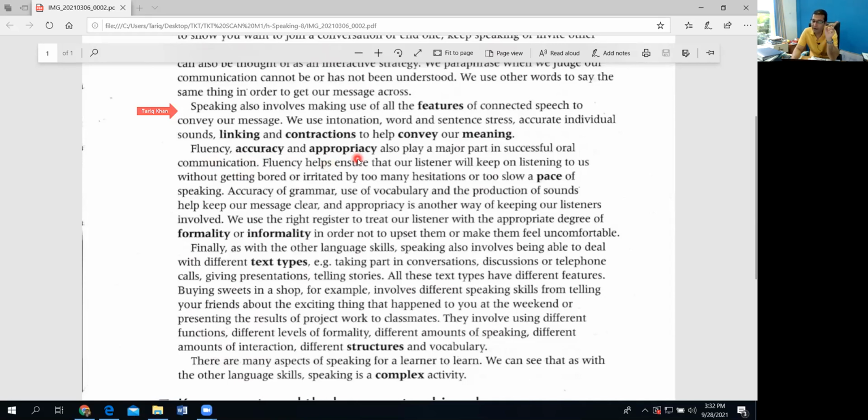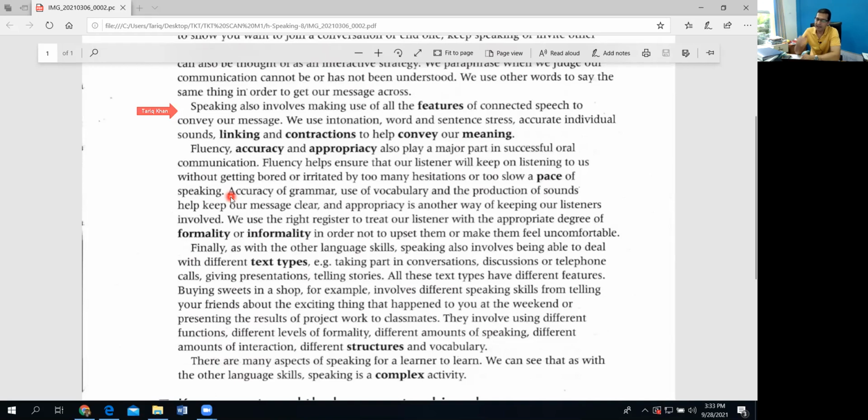Appropriacy, go back to the function unit, the appropriacy of language we have discussed there. According to the situation, you are using suitable expressions and language, right? Fluency helps ensure that our listener will keep on listening to us without getting bored or irritated by too many hesitations or too slow a pace of speaking.